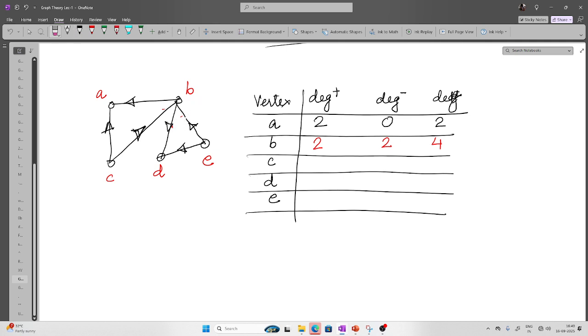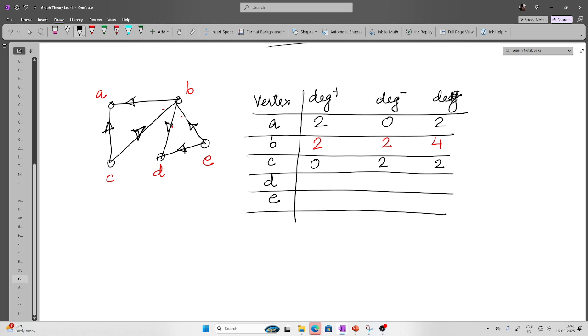Now, if we look at C, this is going out, this is going out. So nothing is coming in. So in degree for this vertex is 0 and out degree is 2. So the total degree will be 2. If you look at this vertex D, this is coming in and this is coming in.